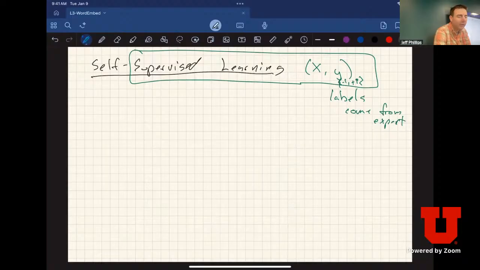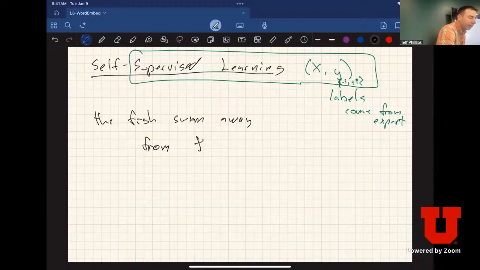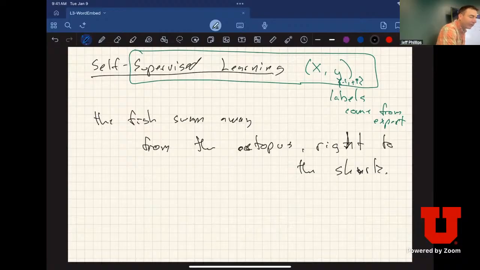So what this is doing is, when I have this context, say, the fish swam away from the octopus to the shark, right?